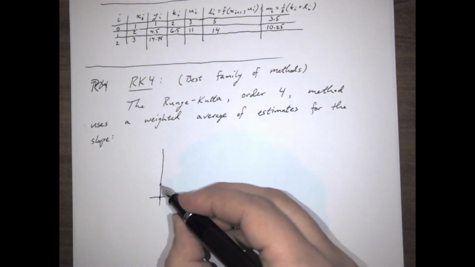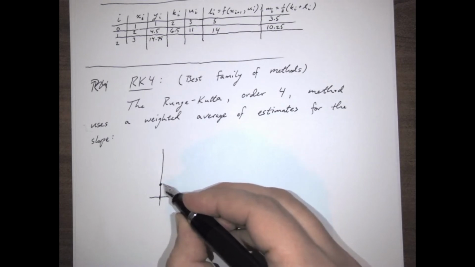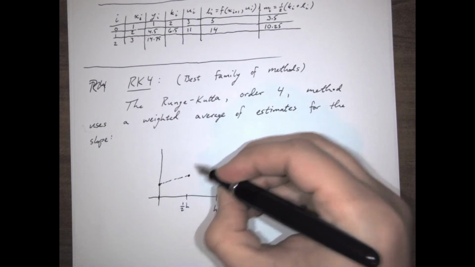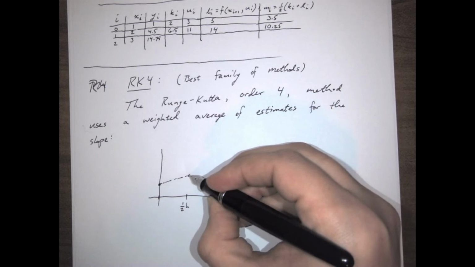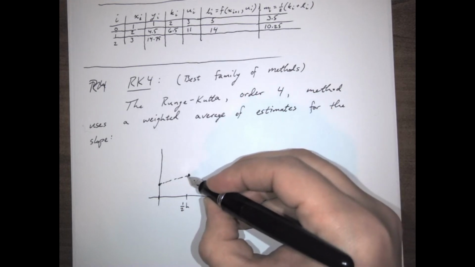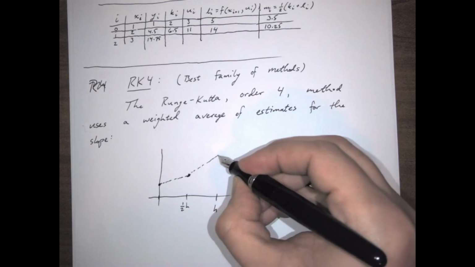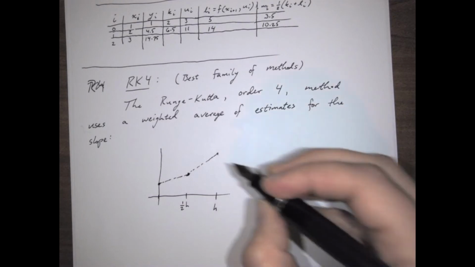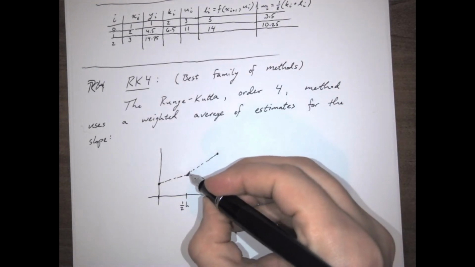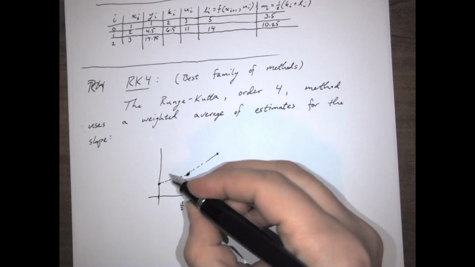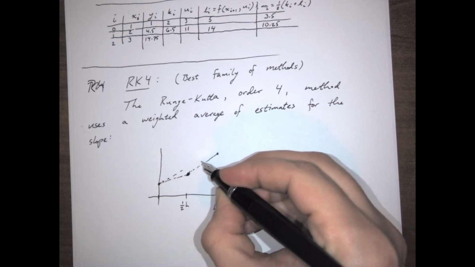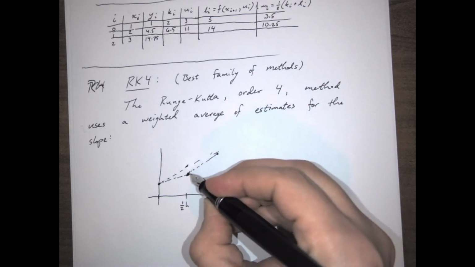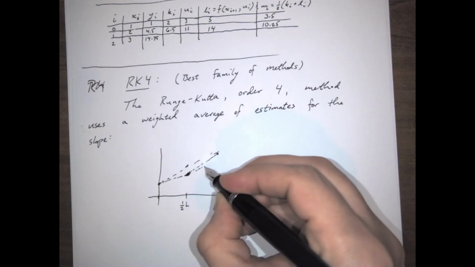What it does is it takes first the Euler estimate, putting you out to here, and then it takes the next order one out to here, and then it basically does like an improved Euler's method to get a better estimate of the slope out here. So basically, whatever the slope of that line is, and it uses that to project out to here.